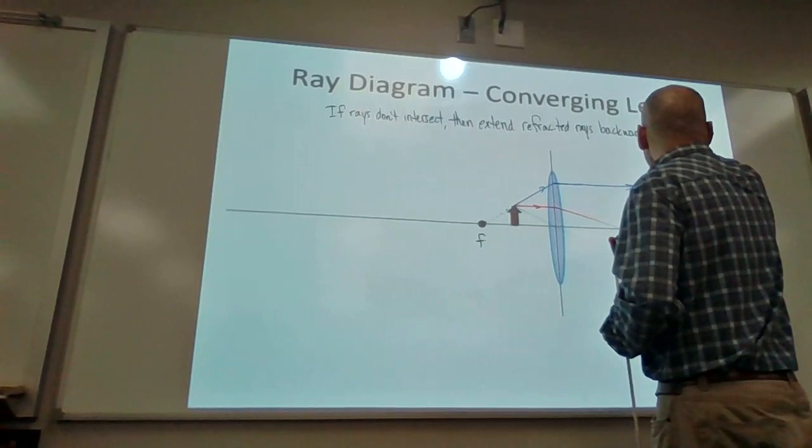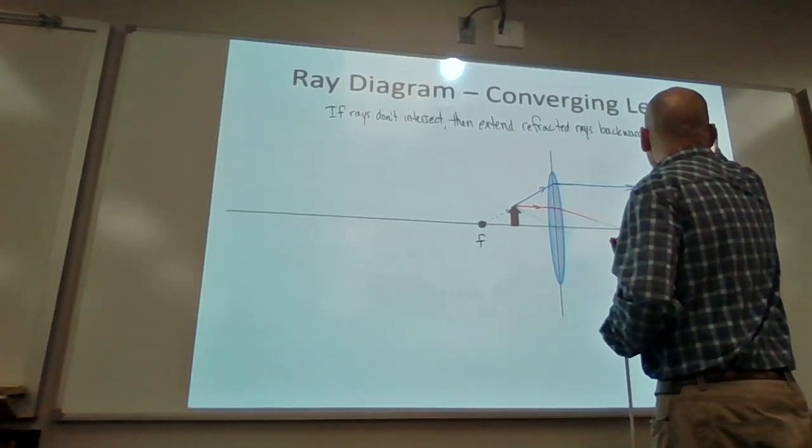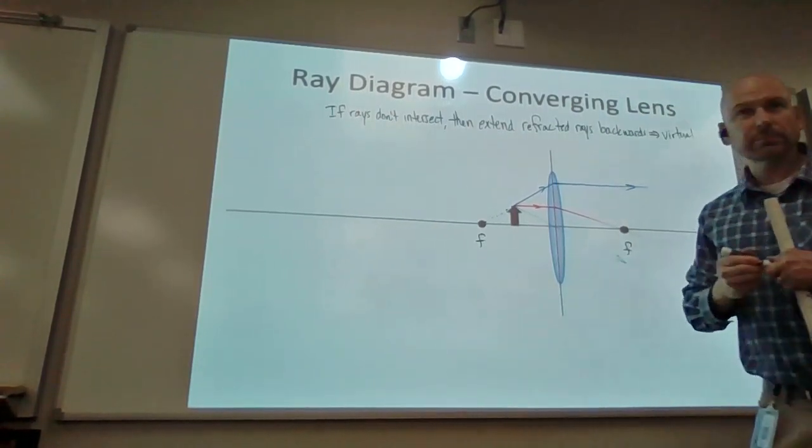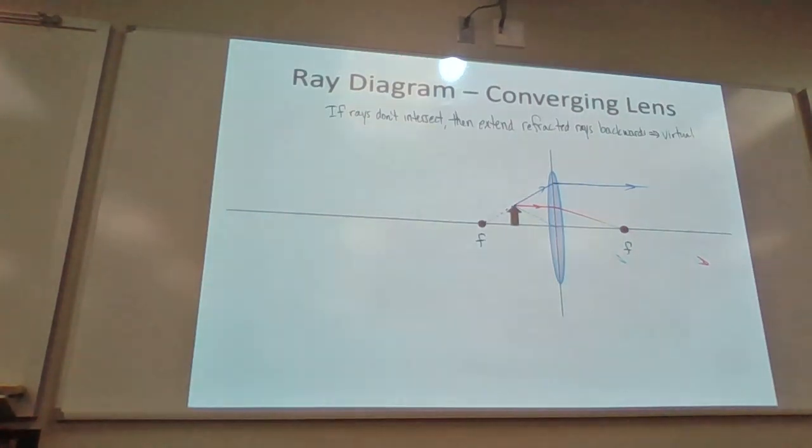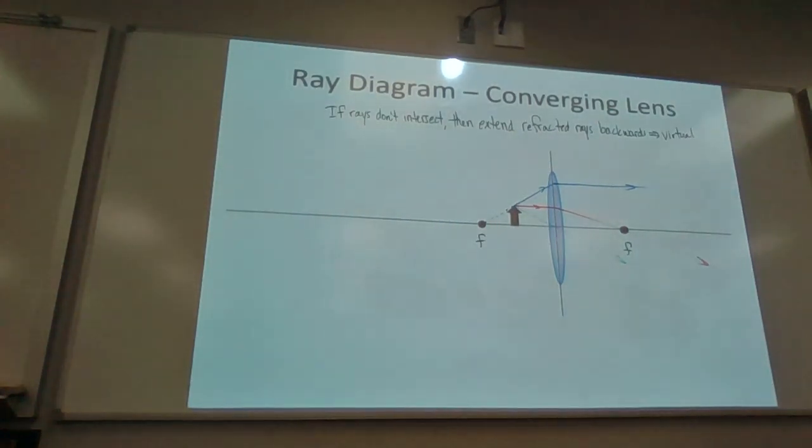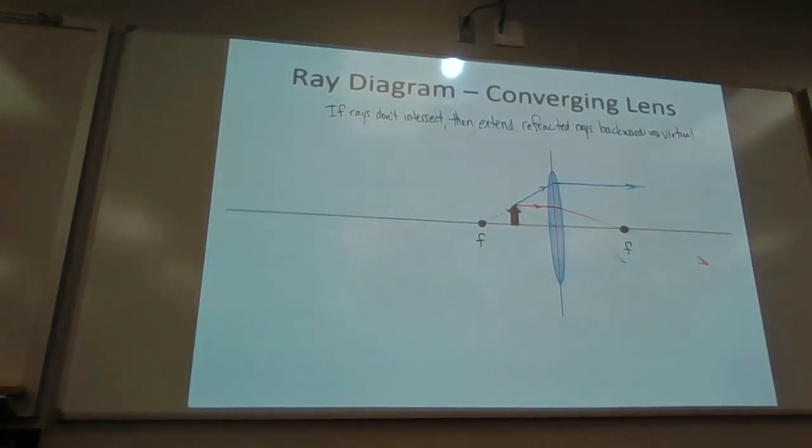And what this means is it is virtual. It's a virtual image, okay? So go ahead and if you're nervous to commit, just mentally extend the refracted rays backwards. Which ones are you going to extend backwards?